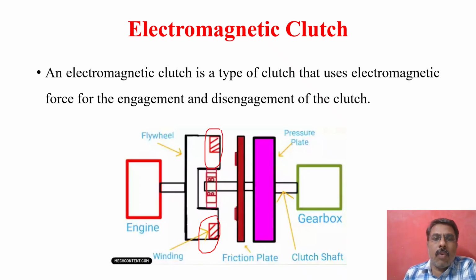It is fixed over the flywheel. When the power from the battery goes to the windings, a magnetic field is developed. Based on the effect of the electromagnetic field, engaging and disengaging of the clutch is carried out.